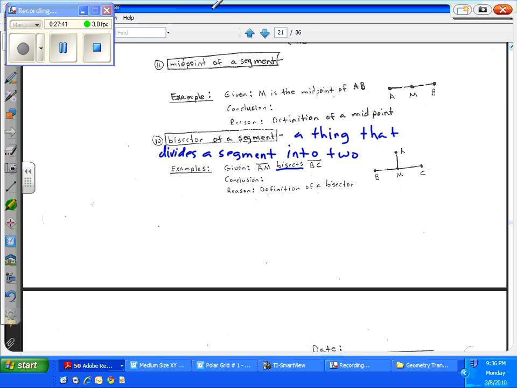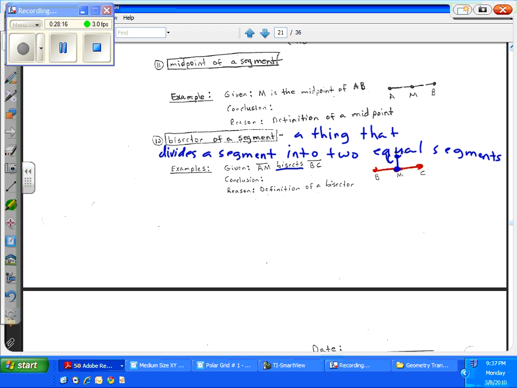And I give it this definition because we really want the word and what we get out of it. What do we really get out of a bisector? We don't really get a midpoint out of a bisector. The bisector hit the midpoint. What we get out of a bisector is the same thing we got out of a midpoint. We get two equal pieces.